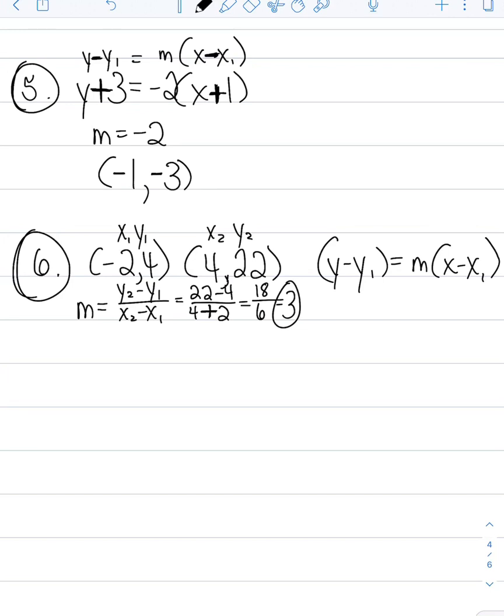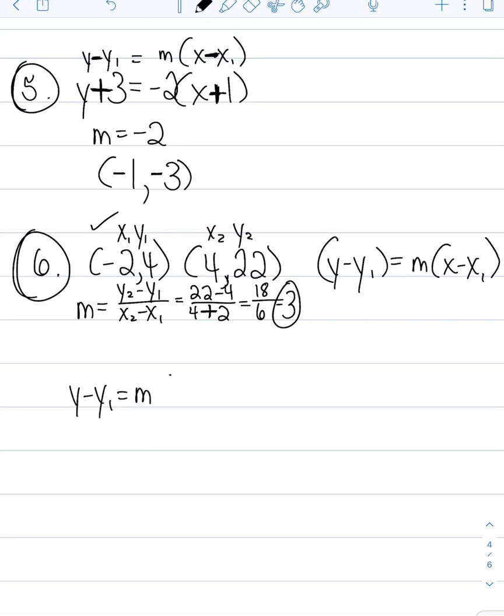Here's what I want you to understand if you have 2 points. No matter which point you use, you're going to get the right answer, the same answer. Follow me here. So let's plug. I'm going to do one for each of these. So let's use the first point in the first one. So I'm going to do y minus y1.